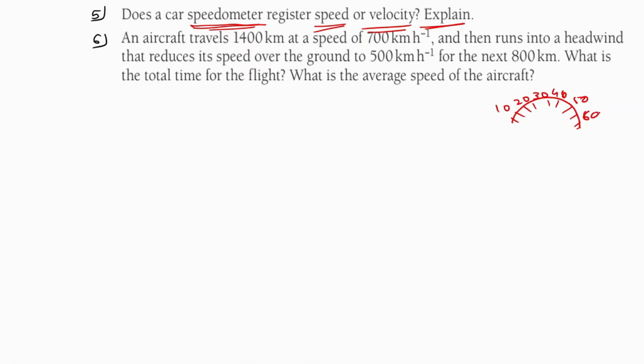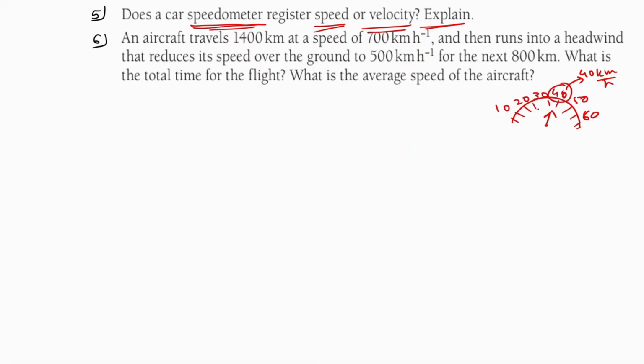Okay, so now the indicator shows at some point, and if it is pointing at 40, it means you are traveling at 40 kilometer per hour.